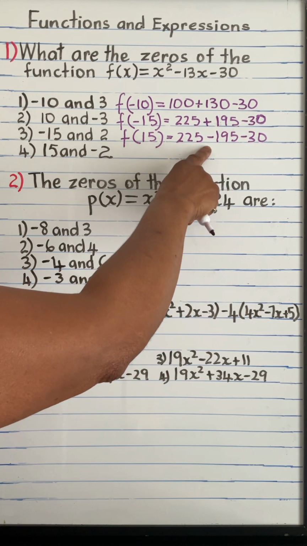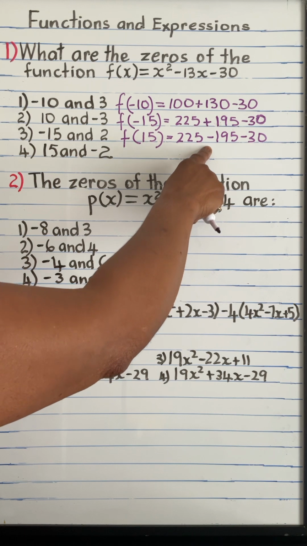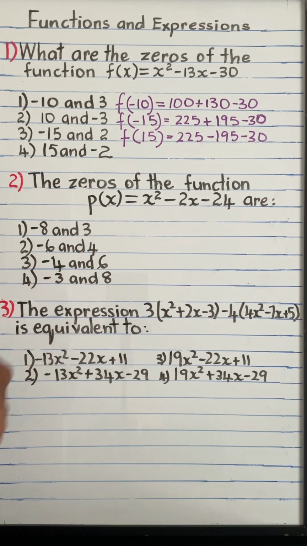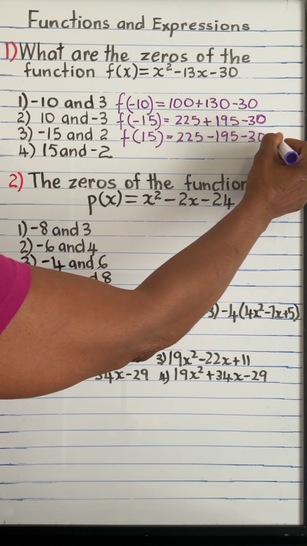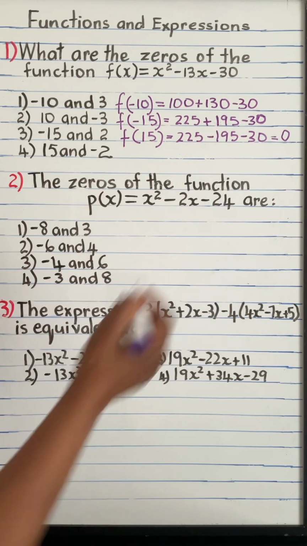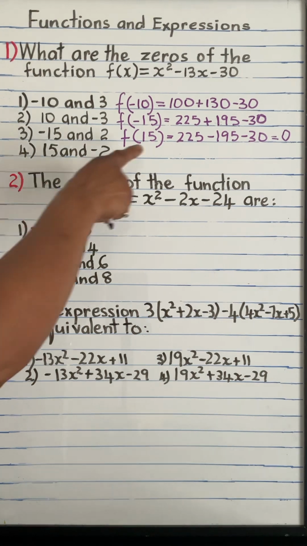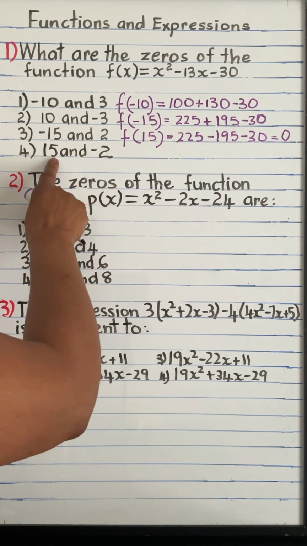So 225 minus 195 minus 30 is equal to 0. So this is equal to 0.